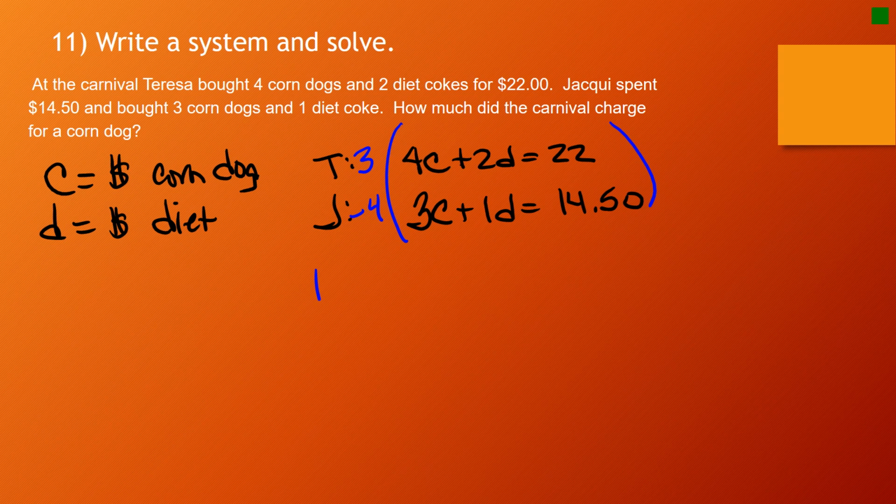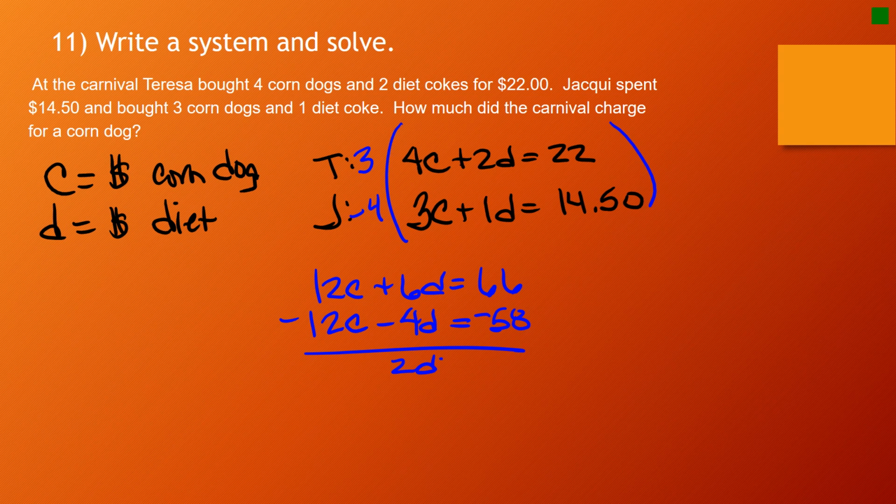I get 12C plus 6D equals 66. Negative 12C minus 4D equals, well, what's 14.50 times -4, Goober? Negative 58. So 2D is going to equal 18.